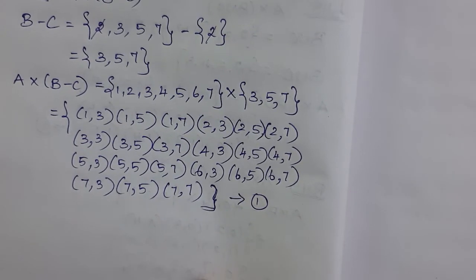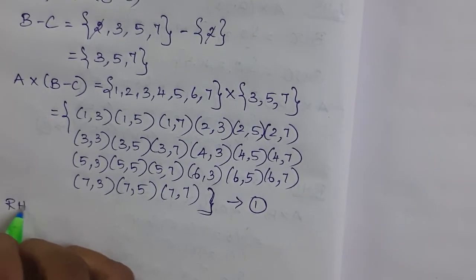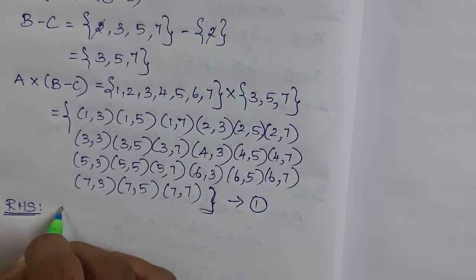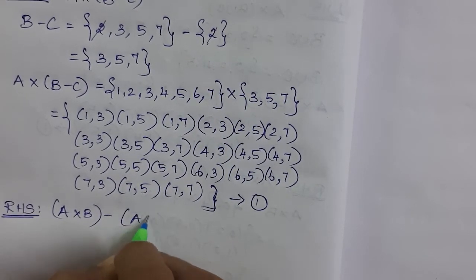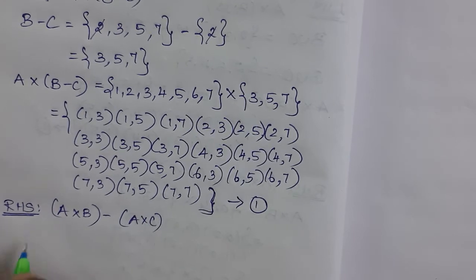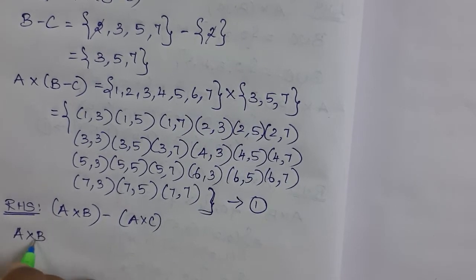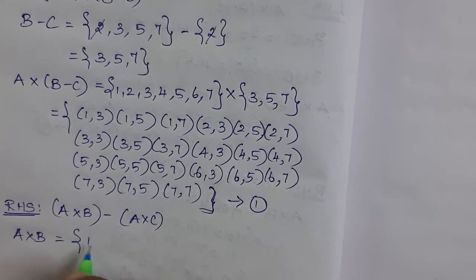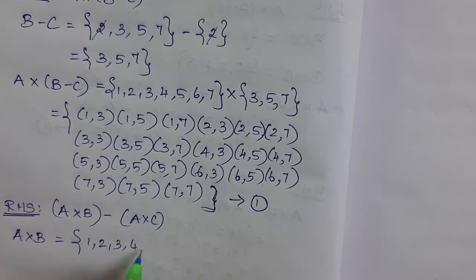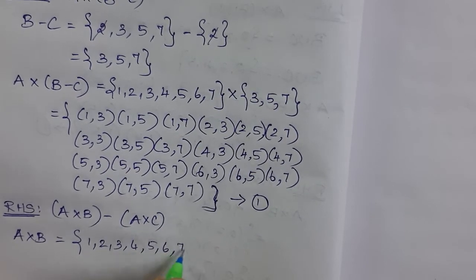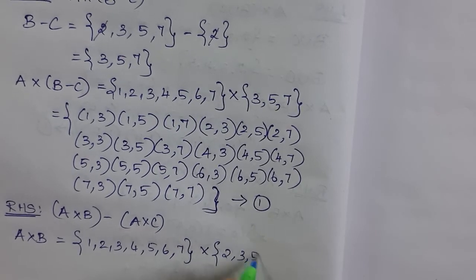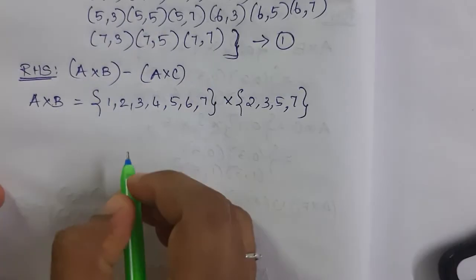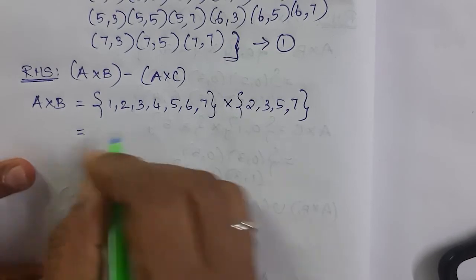Next, we are supposed to find the right hand side. Our right hand side is nothing but A cross B minus A cross C. First, we have to find A cross B. A cross B is nothing but A, which is 1, 2, 3, 4, 5, 6, 7, cross B, which is 2, 3, 5, 7. We are supposed to find the cross product.